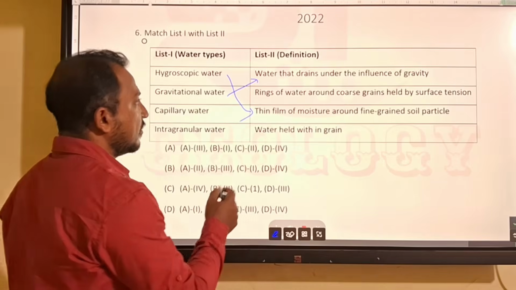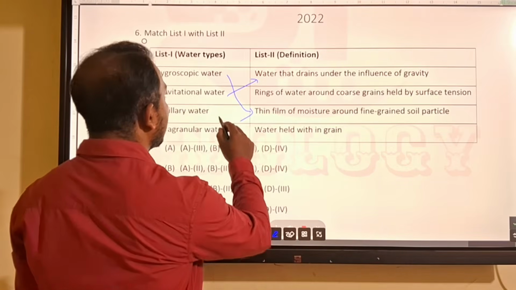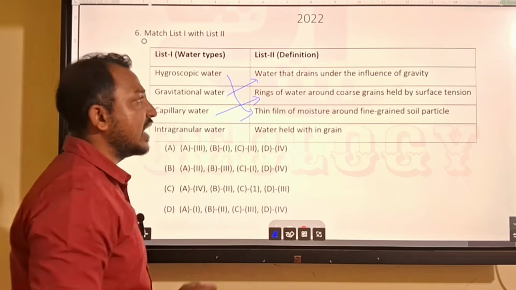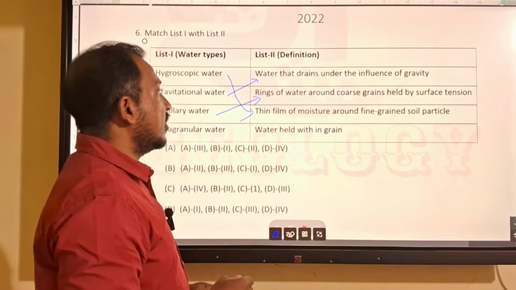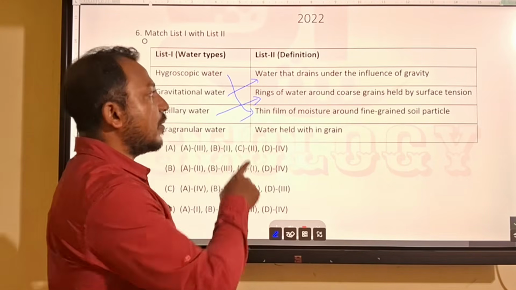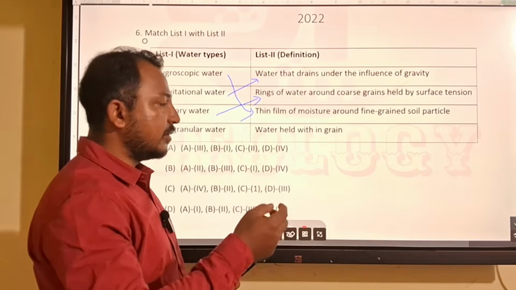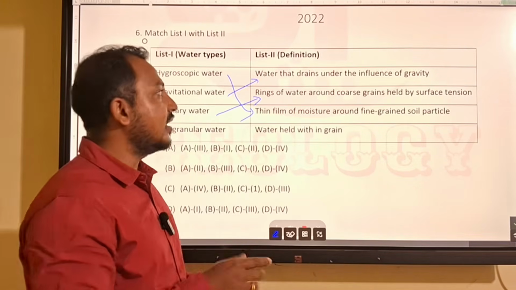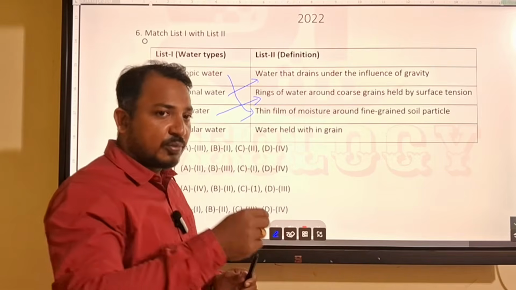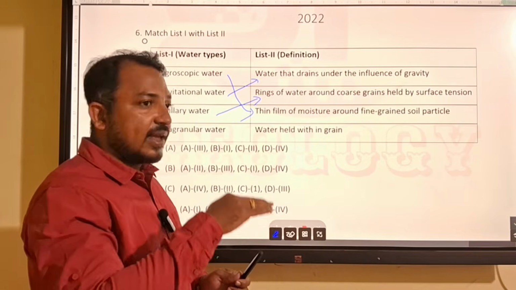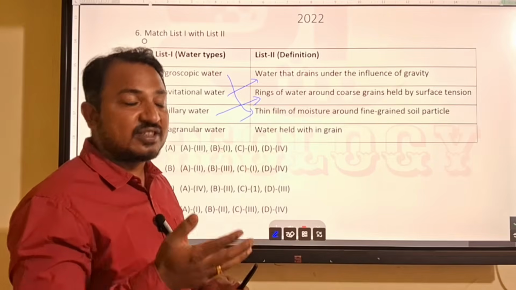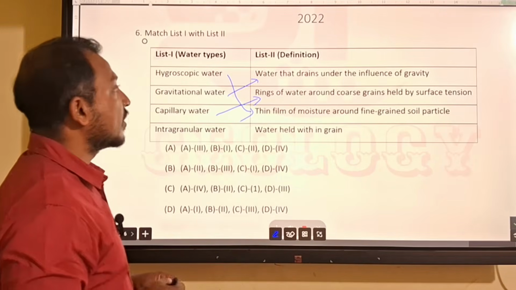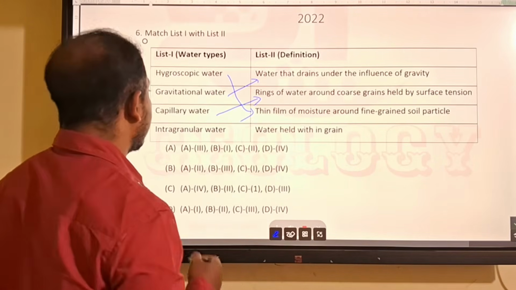Then capillary water: these are rings of water around coarse grains held by surface tension. Water that rises because of capillary force around the pore spaces and is held by surface tension is called capillary water.